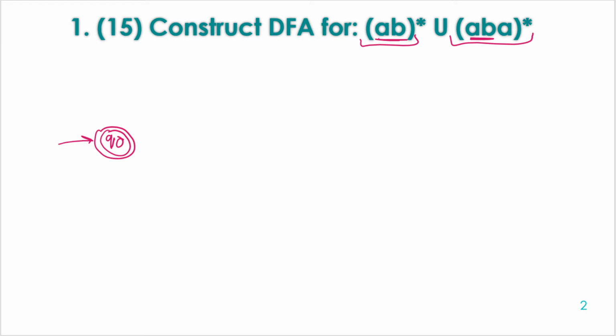So the first two symbols A and B are common. Starting with this A, B, we have covered the common pattern. As the initial state is the final state, only AB must be acceptable, so we mark this state as a final state because AB is acceptable according to this pattern.